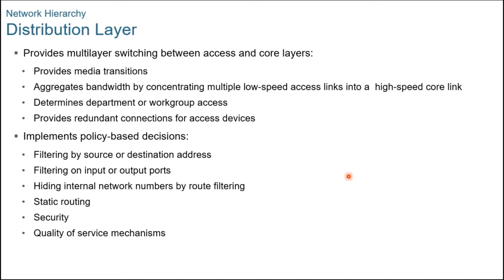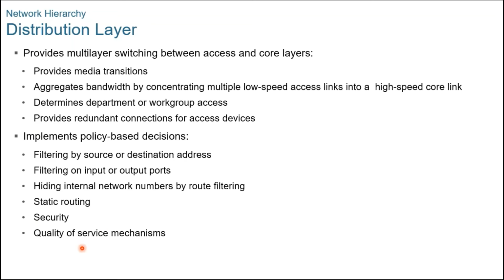So what are the methods for implementing policies? This includes filtering by source and destination address, filtering based on input and output ports, hiding internal network numbers by route filtering, and providing specific static routes rather than using routes from a dynamic routing protocol. For security, you could have, for example, certain packets not allowed into a specific part of the network.